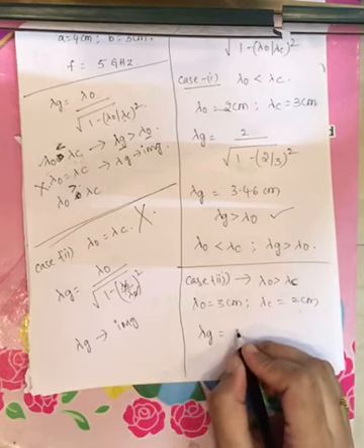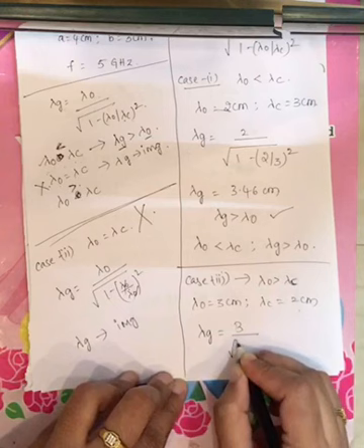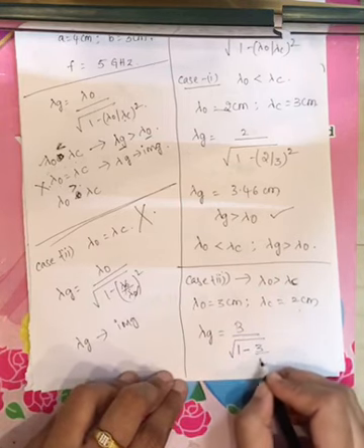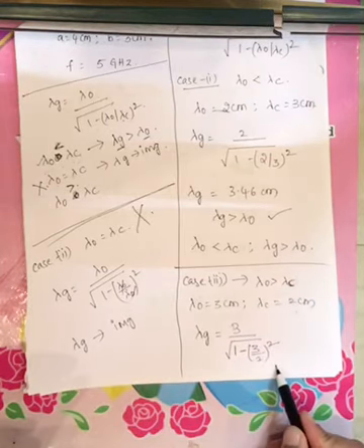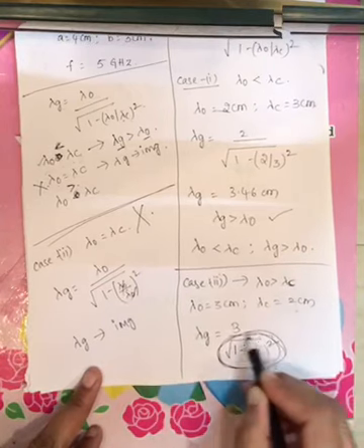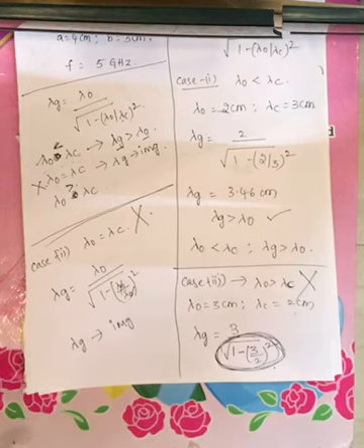Lambda g equals lambda naught, which is 3, by under root of 1 minus 3 by 2 whole square. Now 1 minus 1.5 whole square, and this also you are getting as imaginary only, so this case also doesn't exist.